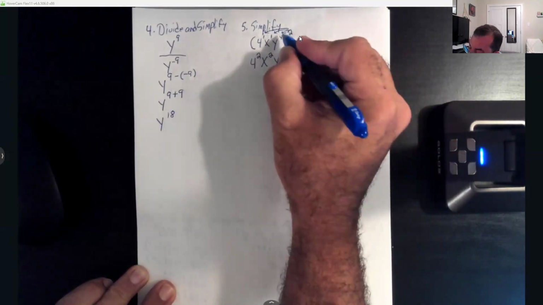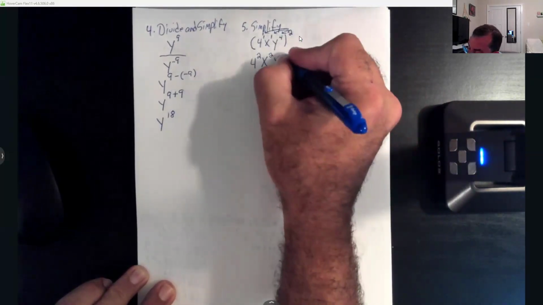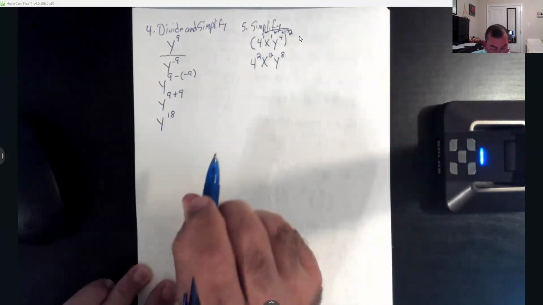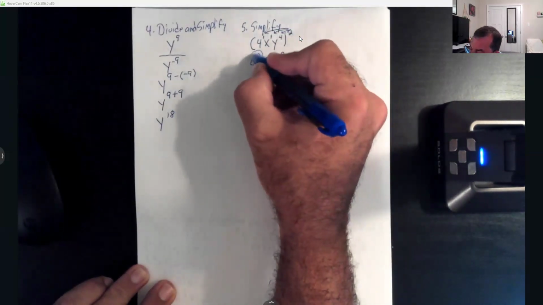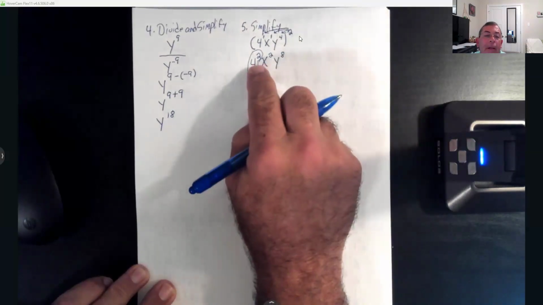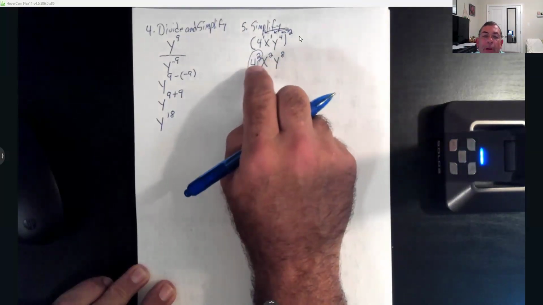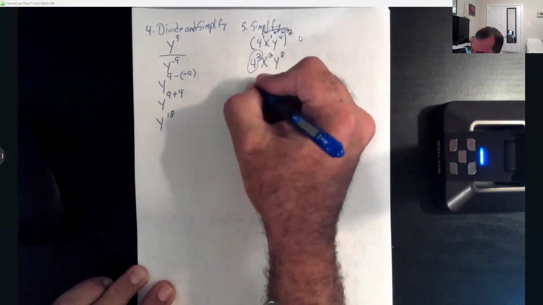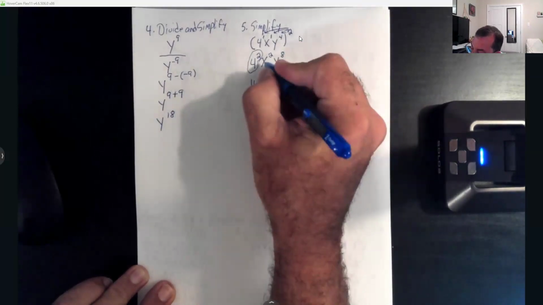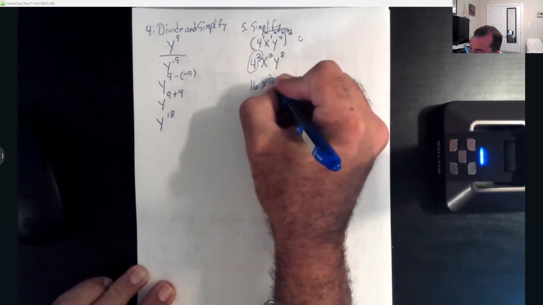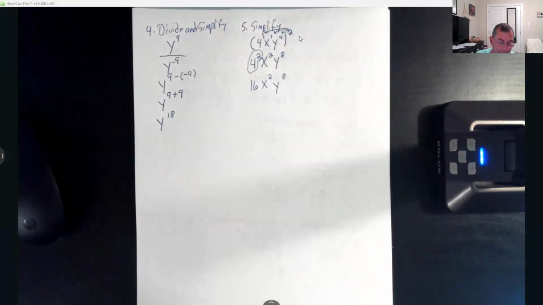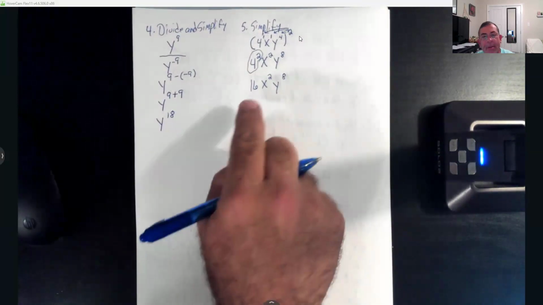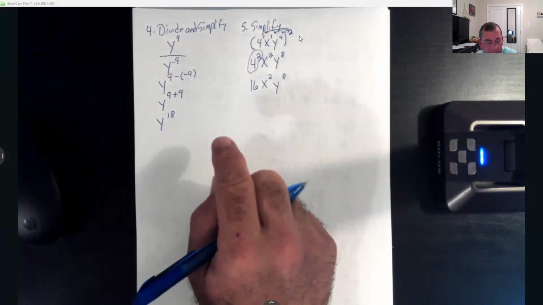For my y, 4 times 2 gives me 8. And y'all, the last thing I got to do is evaluate the number on out. So 4 squared would be 4 times 4, which would give me 16 x squared y 8. And then that'd be my final answer.